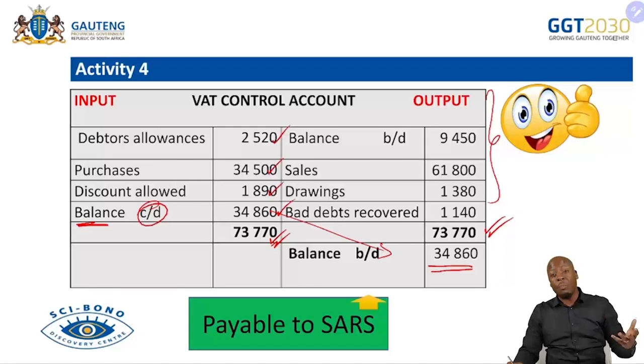We are also able in this particular lesson to determine if goods are coming in, input VAT, they're going out, output VAT. And it is easy to trace your things like bad debts recovered and discount allowed and your drawings just by following the goods or the initial transaction thereof.